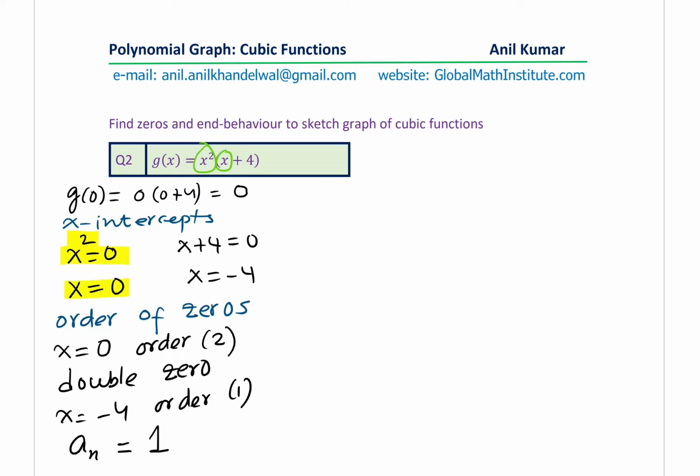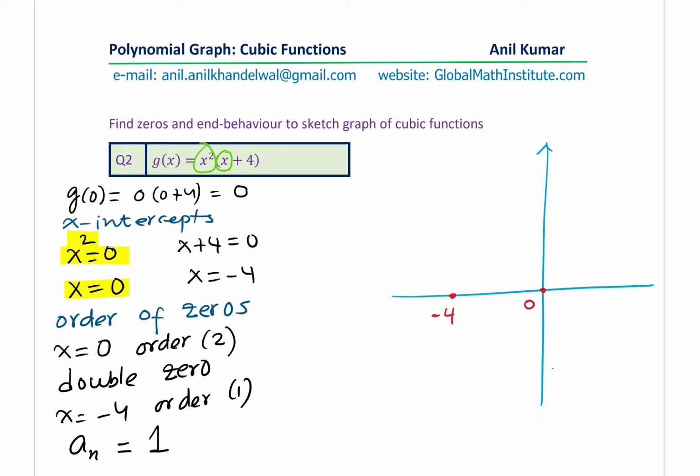Now, let's try to sketch this graph. We have zeros at minus 4 and 0, right? So one zero is at 0. The other one is at minus 4.